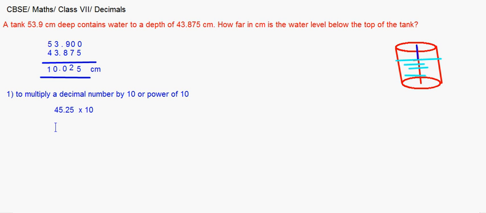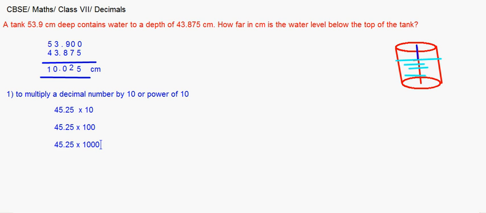Then we learn multiplying the same decimal number with a power of 10, so that becomes 100. As well, the same decimal number with 1,000. How would the decimal places move?